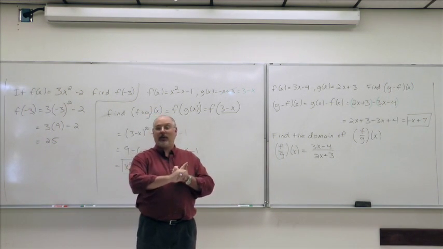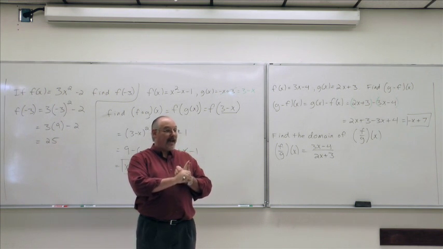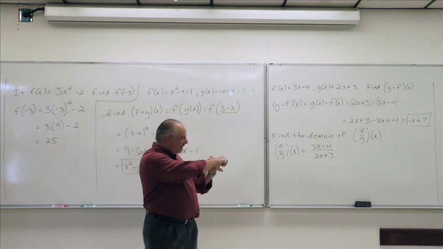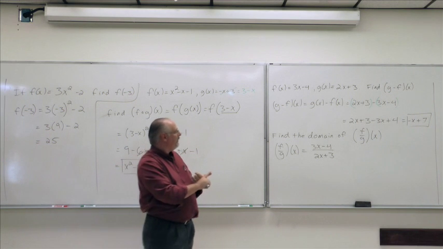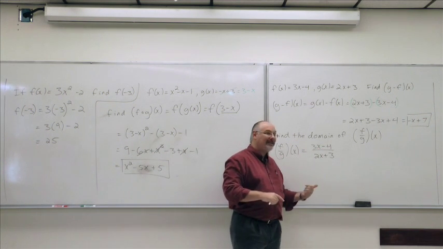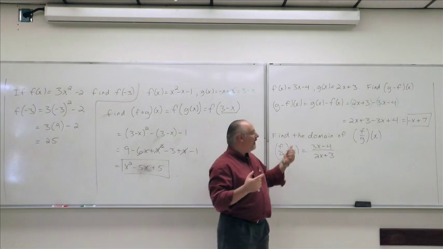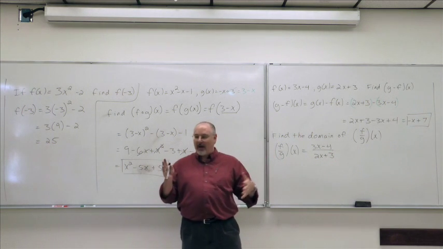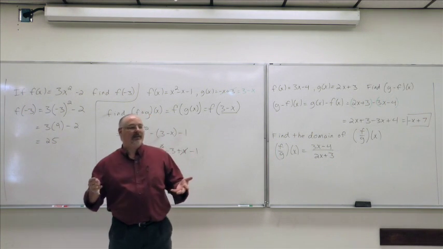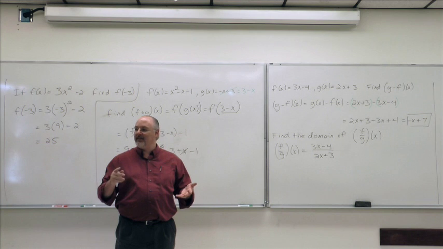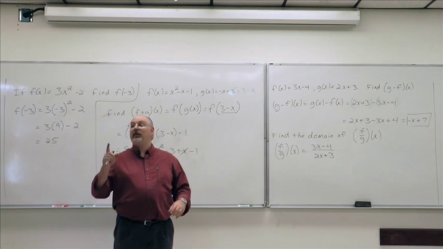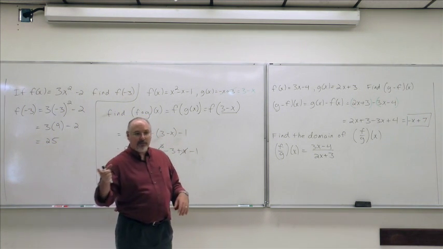You can't take the square root of a negative, not in the real numbers anyway, but that's not involved here. What is something involved in this problem that can break a rule in algebra or arithmetic? You can't divide by 0.